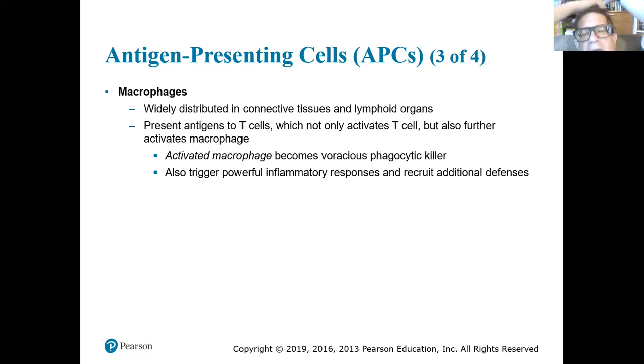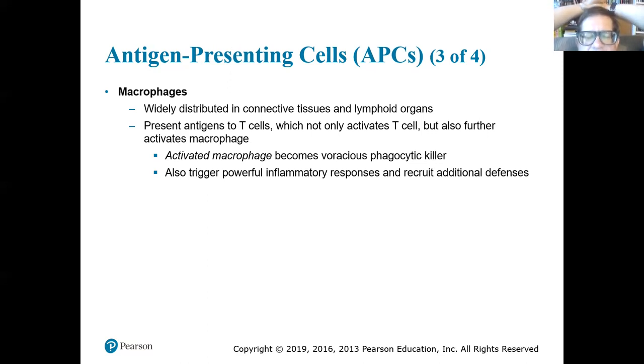They will show antigens to T cells that'll activate the T cell, but it will also activate the macrophage. In other words, macrophage, sir, I have to show you the thing, the antigen or the fragment of the antigen. And when the general, the helper T cell, gives a positive response, the macrophage is excited and it goes out and gets better at fighting.